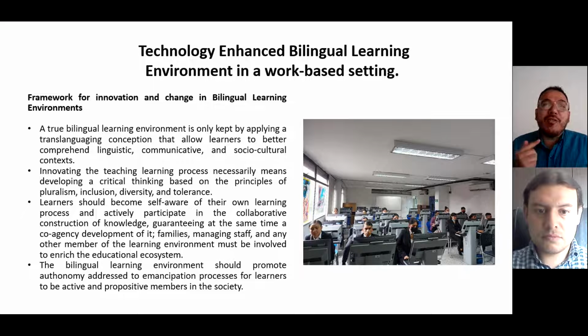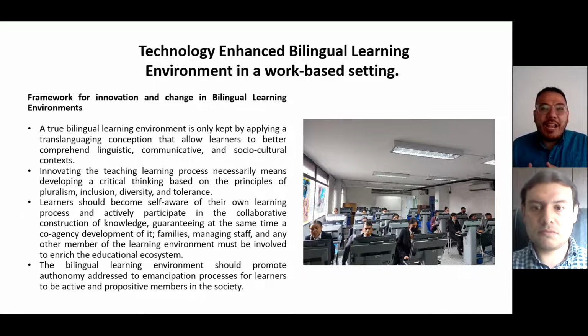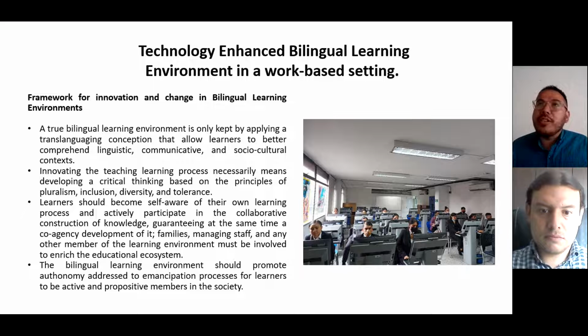Also, they are going to be aware of how they are going to apply this knowledge in the working context. And this is really going to impact the way all the community is involved in the learning processes that are going to take place at this learning environment.